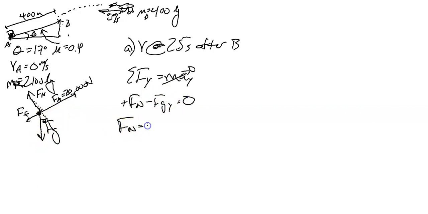So force normal is equal to force gravity in the y, which is, this guy is mg. It's that hypotenuse right there. And since I'm trying to get that part of the triangle, the adjacent side over there, that's force gravity on the y, I need to use cosine. So this is going to be mg cosine of theta.